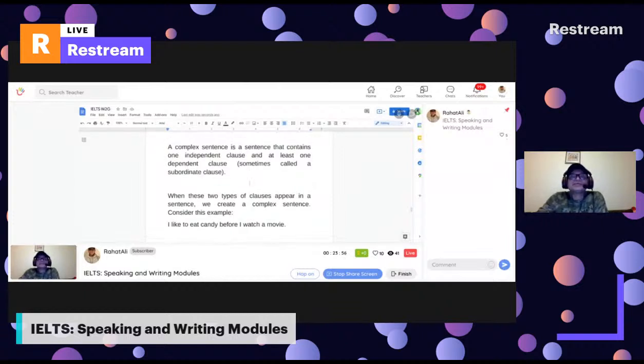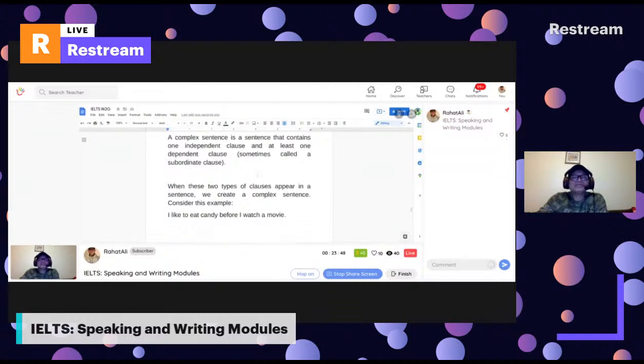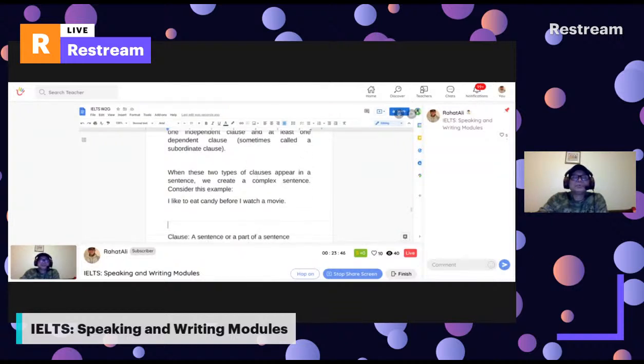From this explanation, the complex sentence is a sentence that contains one independent clause and at least one dependent clause, sometimes called a subordinate clause. Here, I watch a movie is the subordinate clause.